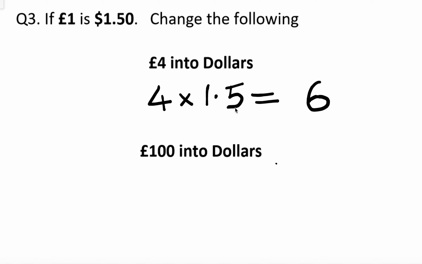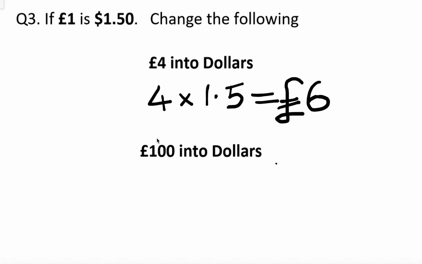Now don't forget, in the exam, they won't want just the value, they'll actually want what the 6 is. And in this case, it's pounds. Never forget to put in what the unit is. So £6. And I've done that wrong.